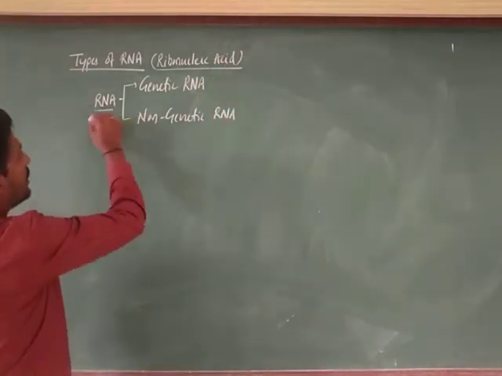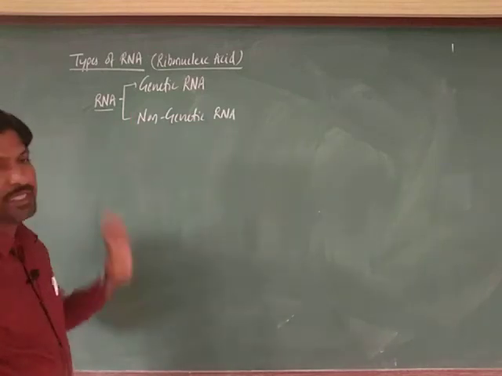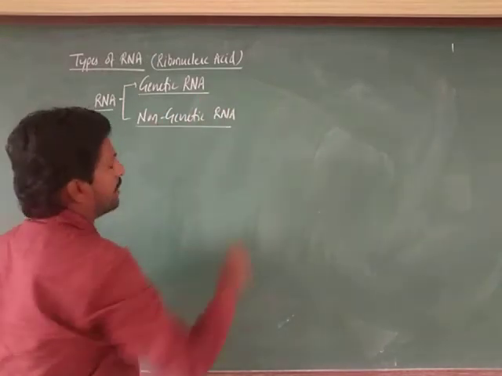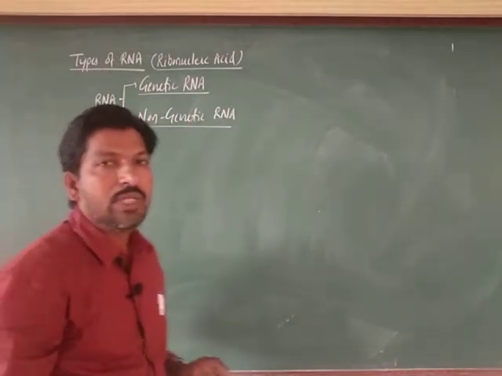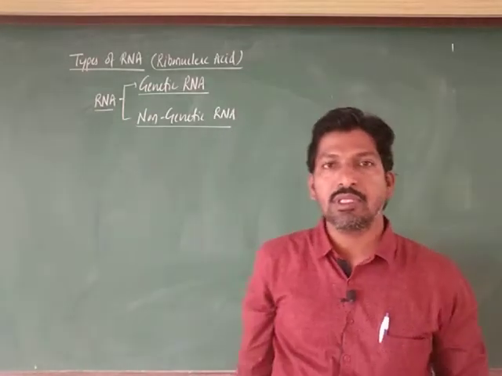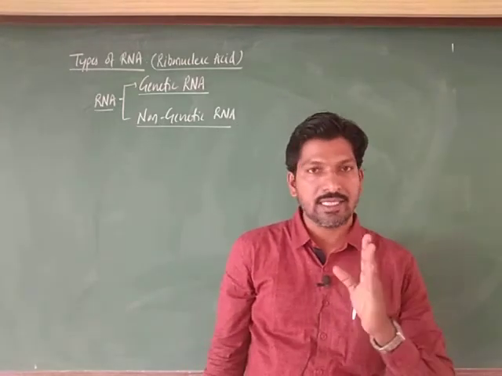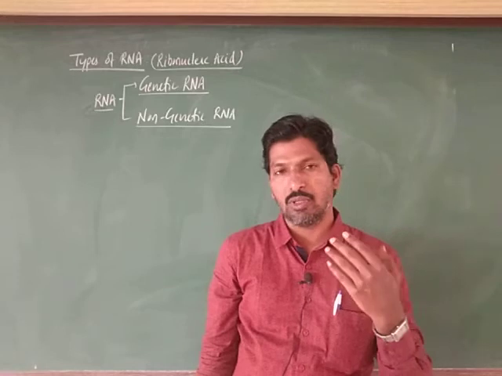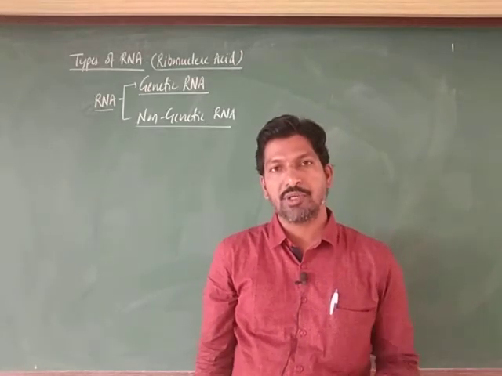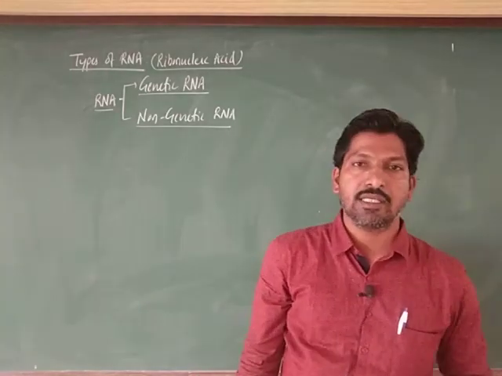So, RNA is mainly classified based on whether it is genetic or non-genetic: genetic RNA and non-genetic RNA. As we discussed in previous videos, DNA is the genetic material in almost all eukaryotes and prokaryotes, right.